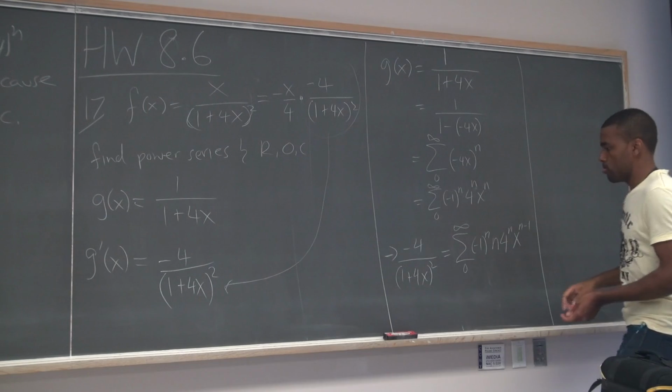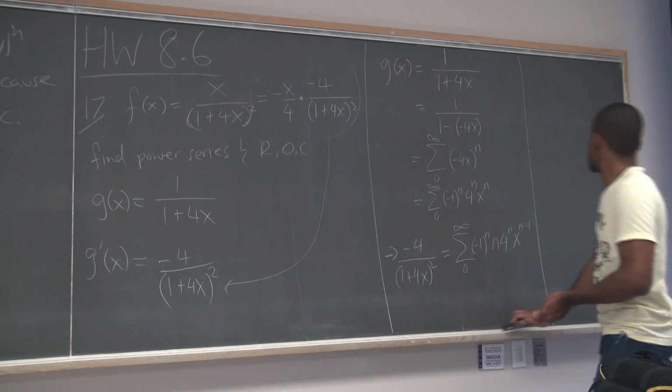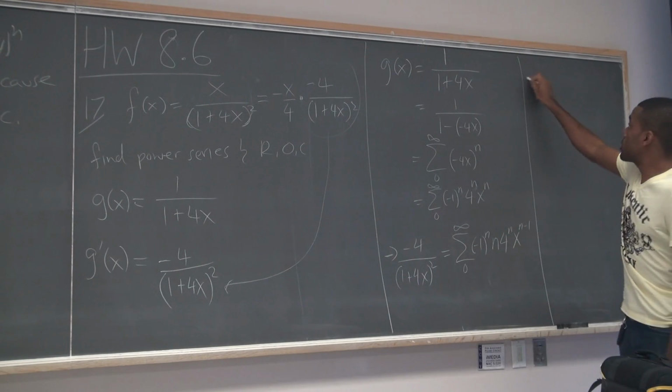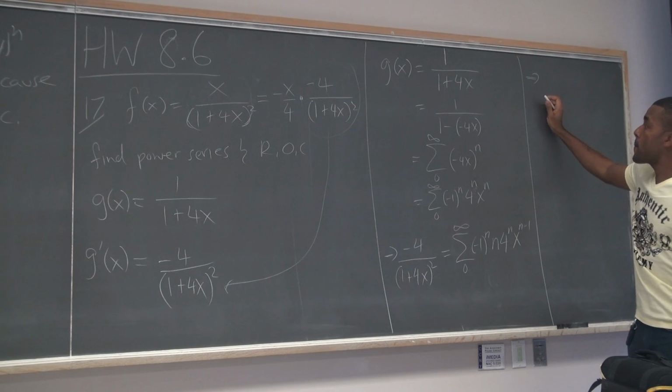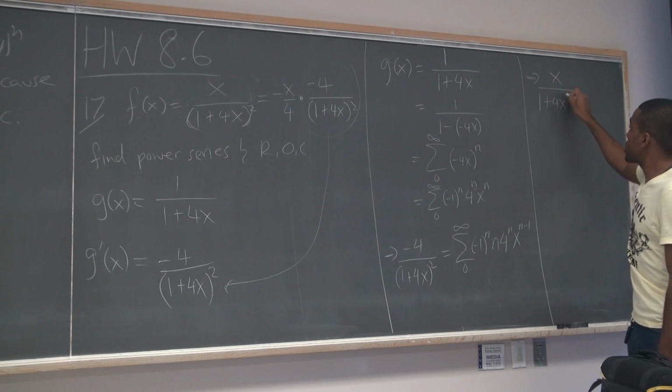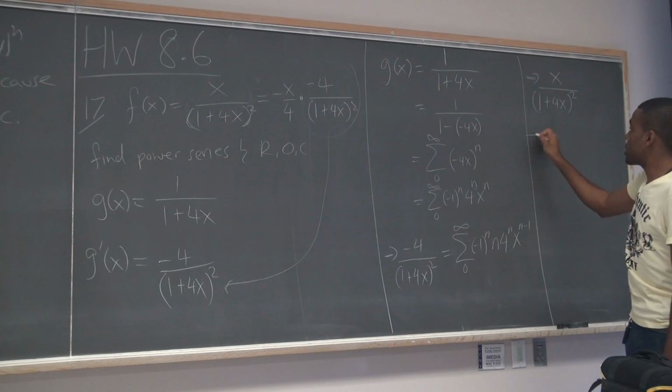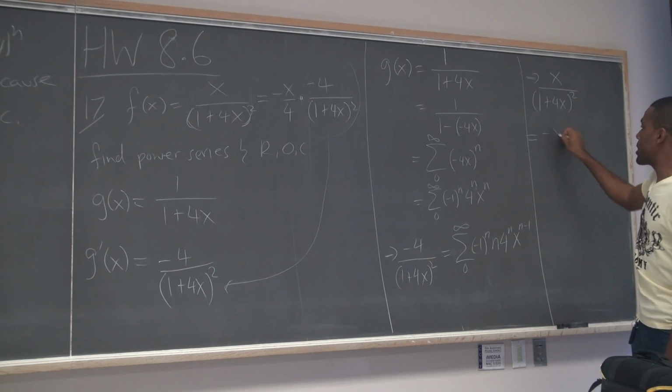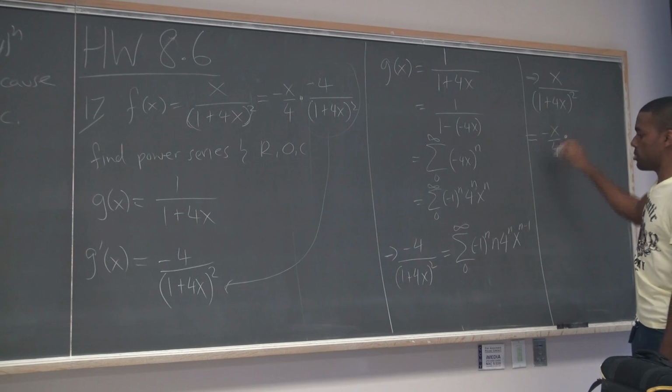So this means my x over 1 plus 4x squared is actually equal to minus x over 4 times this series.